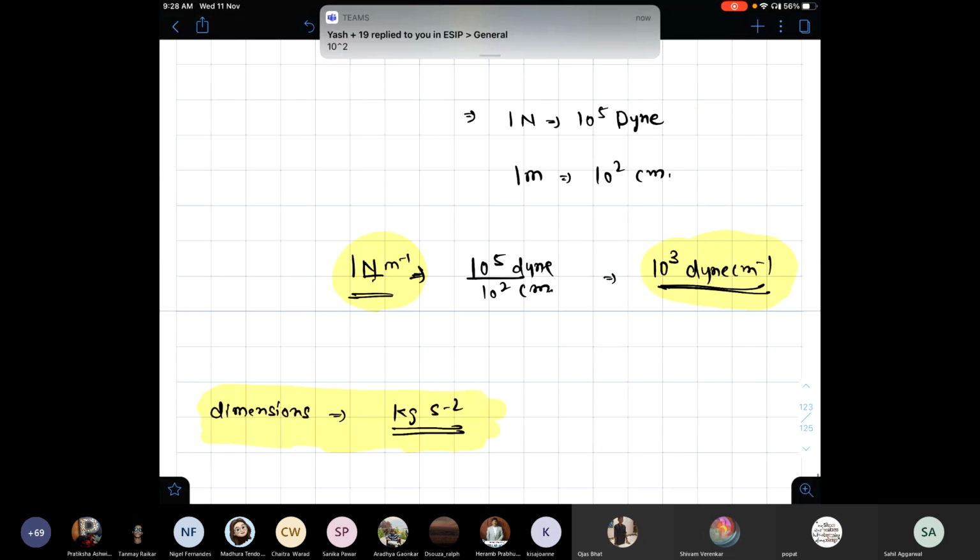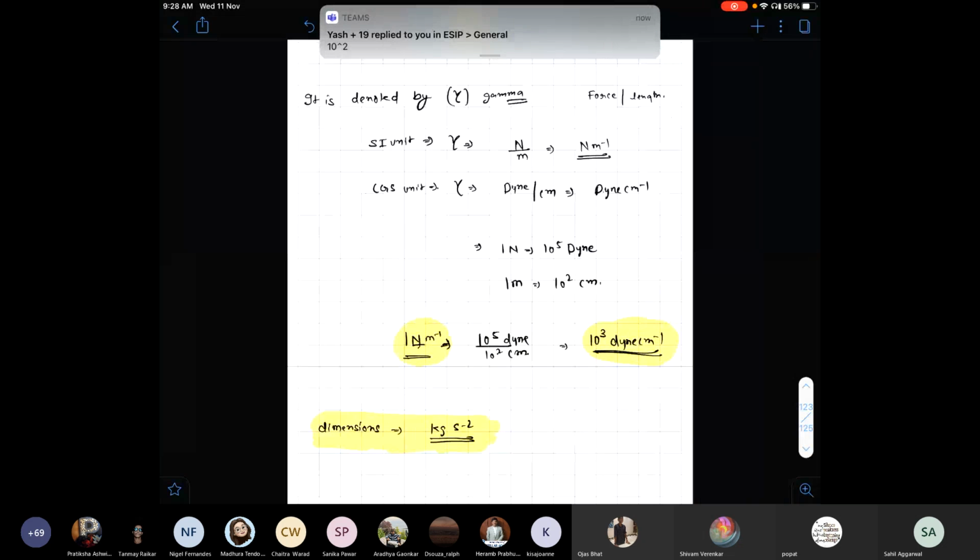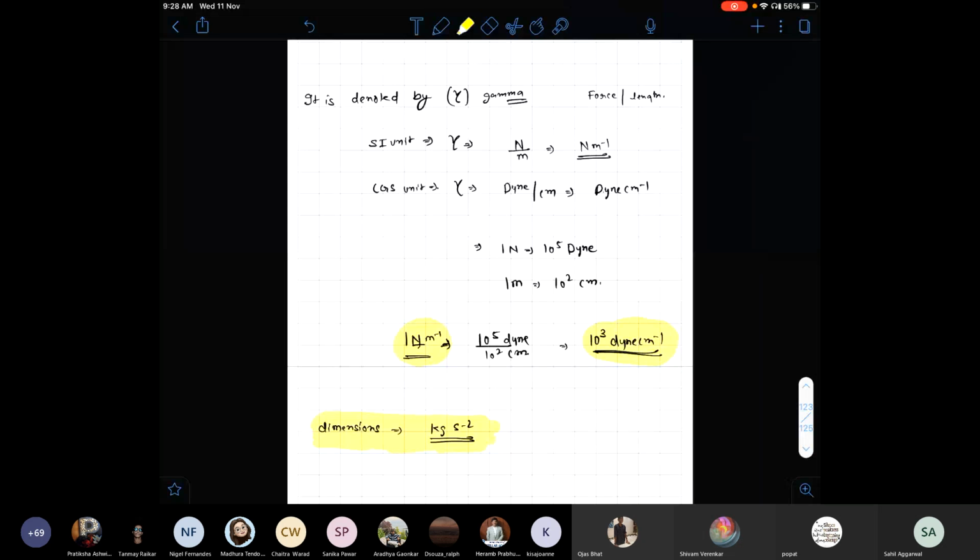Okay, but as Sanika said, it is a shrinking property. All of you done this much? Okay.